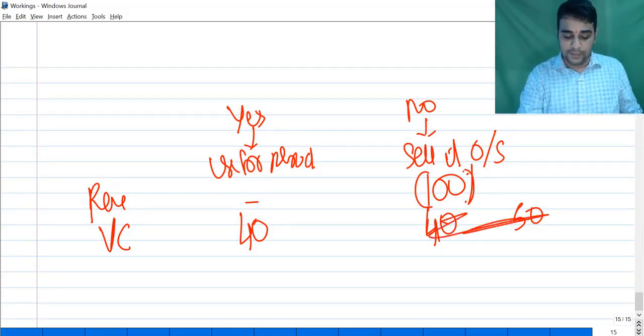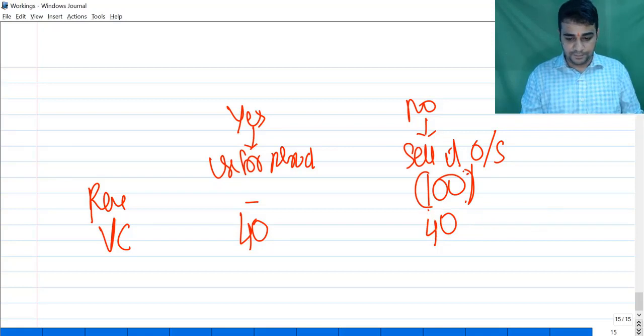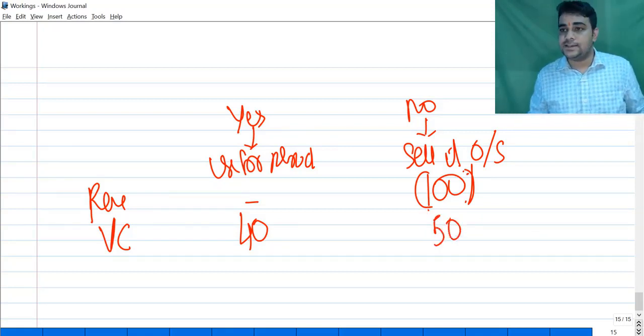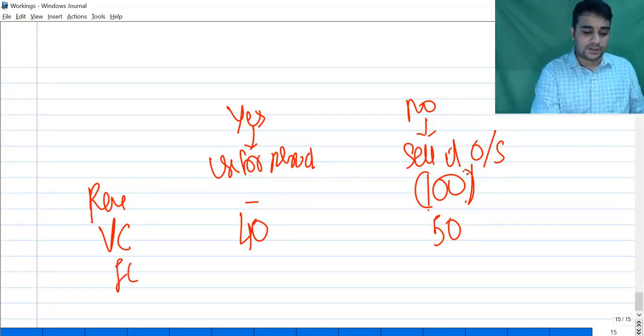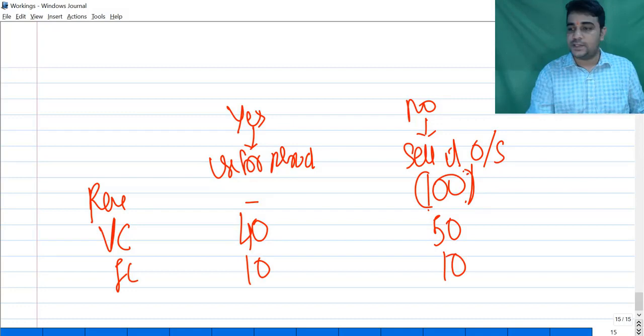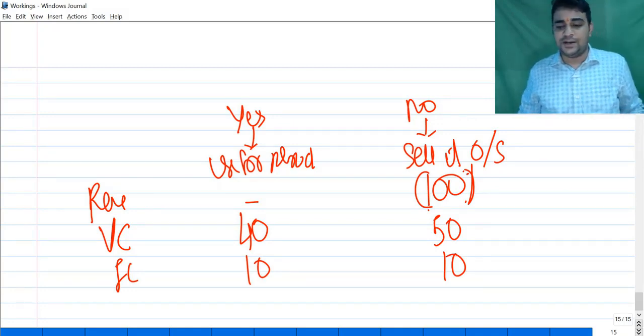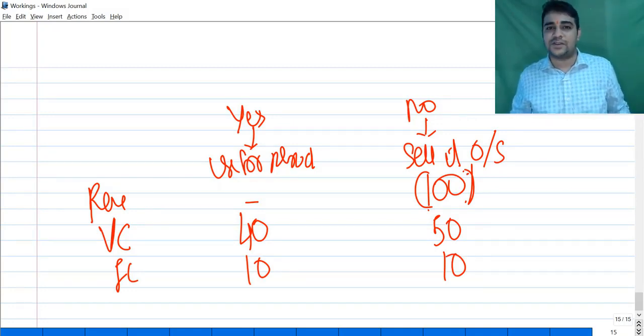As of now, let's just take a variable cost of 50 rupees on this side. The variable cost is 50. Fixed cost is 10 and 10, both sides, unless the question tells you otherwise and gives you some relevant fixed cost. Fixed cost is mostly irrelevant.